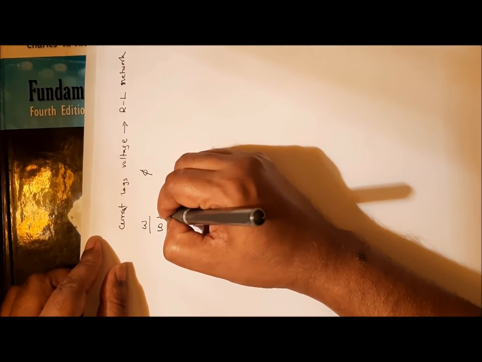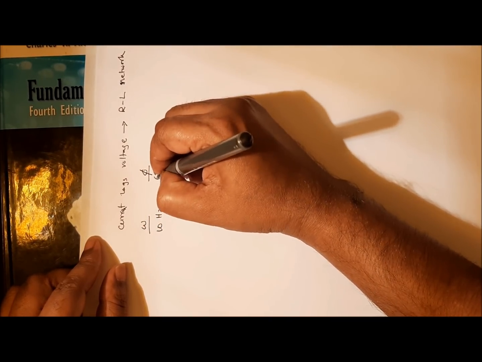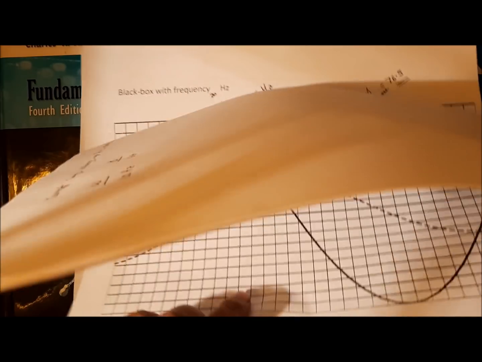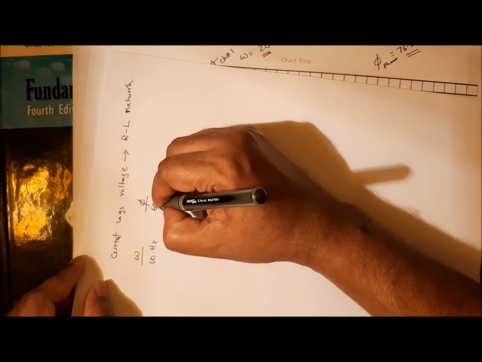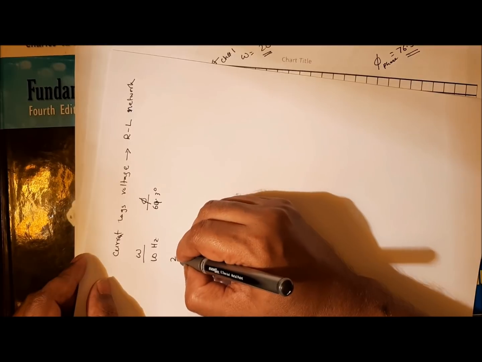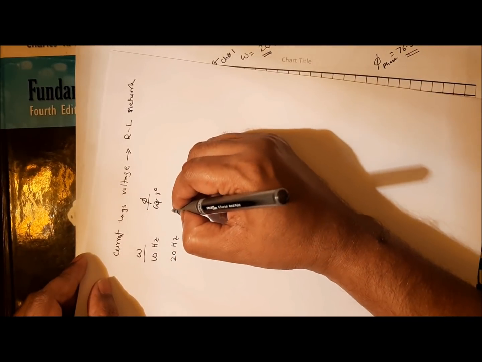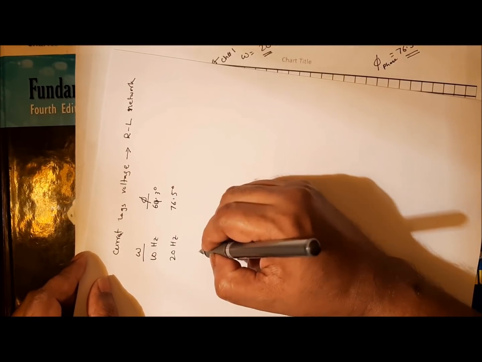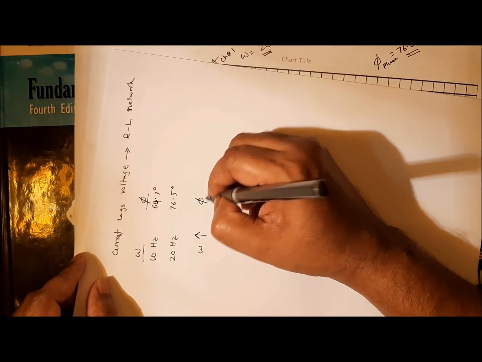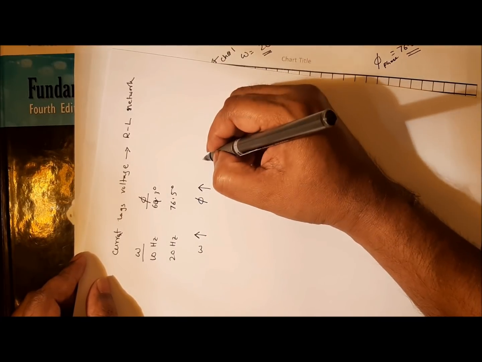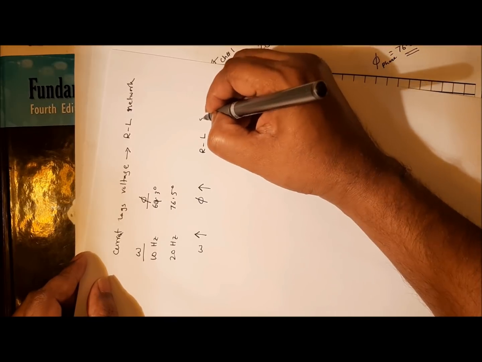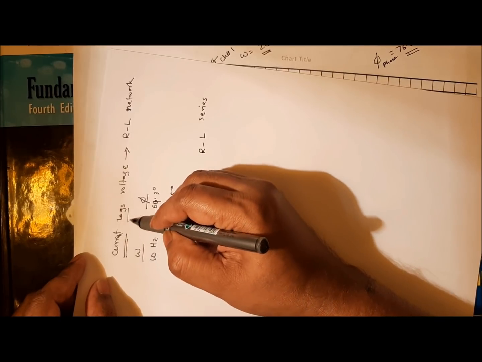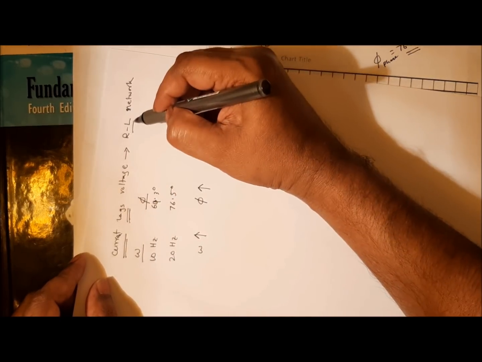If the frequency is 10 Hertz, the phase was 64.3, and if the frequency is 20 Hertz, the phase becomes 76.5. So we increase the frequency and that increases the phase difference. So that means RL series. We get the information that current lags, that means RL.